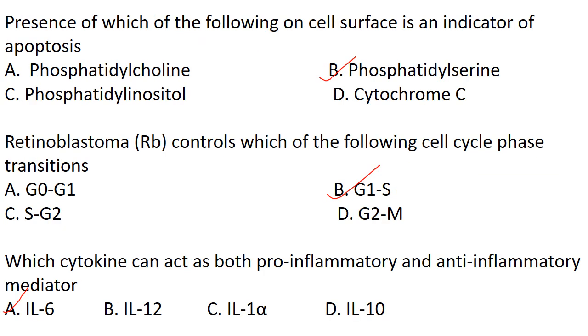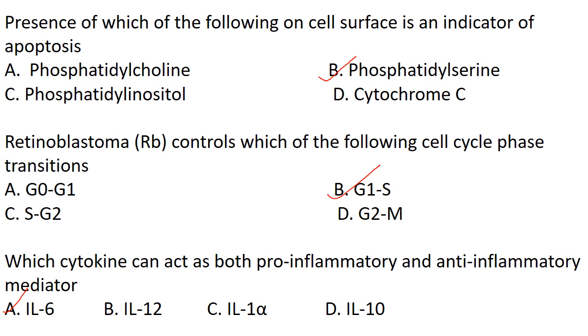Then next one. Presence of which of the following on the cell surface is an indicator of apoptosis? I already explained what is apoptosis. During apoptosis, phosphatidylserine moves from the inner to the outer layer of the cell's plasma membrane. So it is phosphatidylserine.